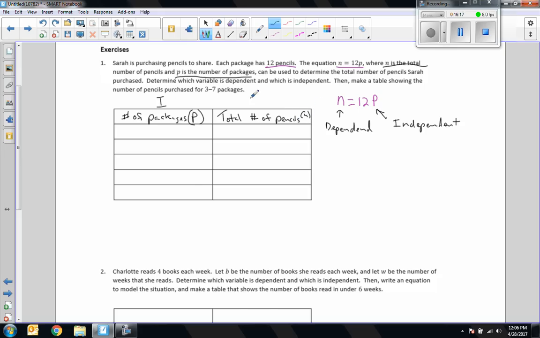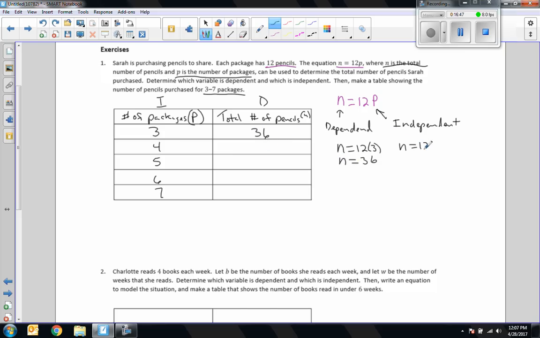This is independent, this is dependent. And it says for 3 to 7 packages. So that's telling us what to put in: 3, 4, 5, 6, 7. So these are our independent variables. We're going to plug them in. N depends on what P is. So now I'm going to do n equals 12 times P, and P is 3. So n equals 36.